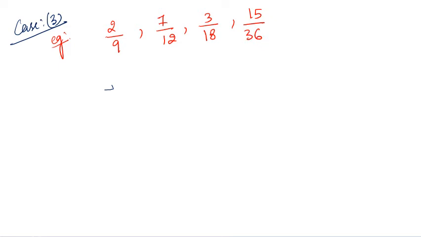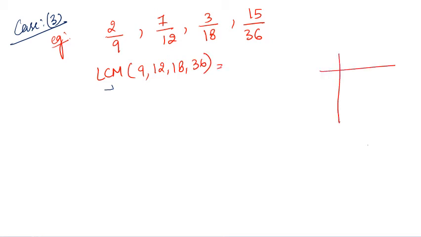In this case, we are going to take the LCM. The LCM method is useful here because we cannot compare on the numerator nor on the denominator basis. So we are going to find the LCM of 9, 12, 18, and 36.